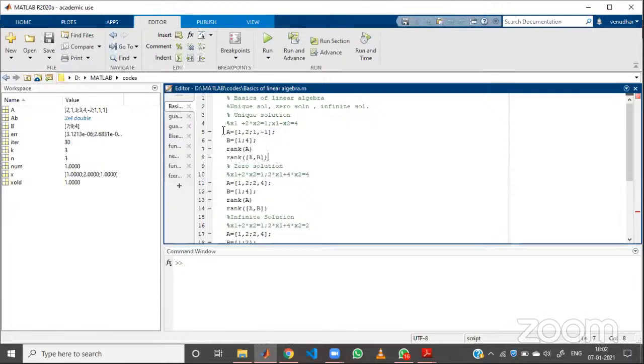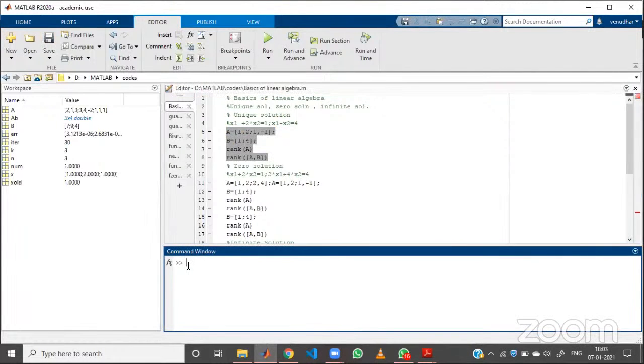Let me just show you the code and how it works. rank(A) will give the rank of the matrix A, which is 1 comma 2 semicolon 1 comma minus 1, and rank([A B]) will give the rank of the augmented matrix.